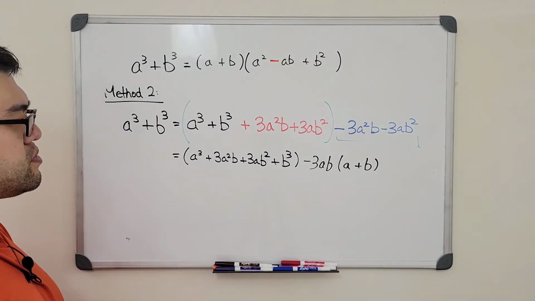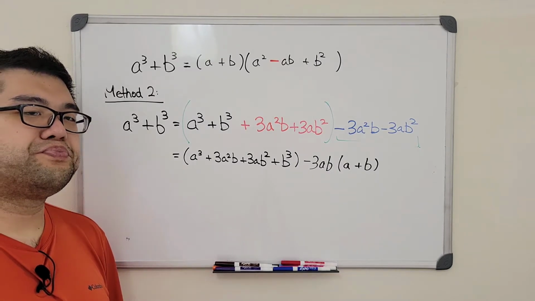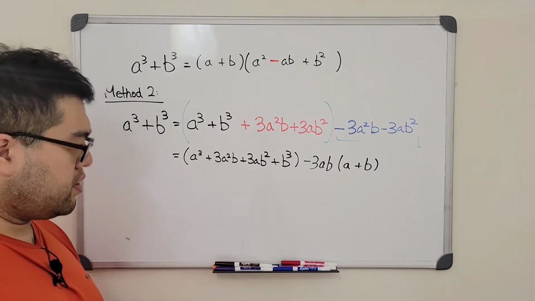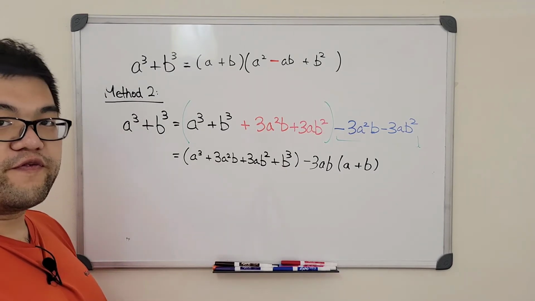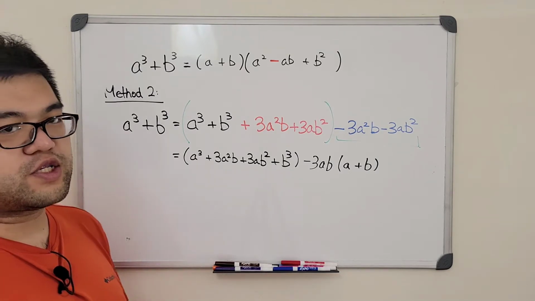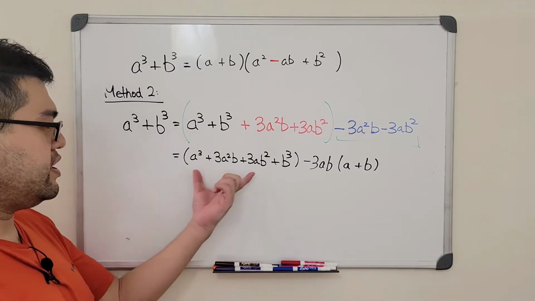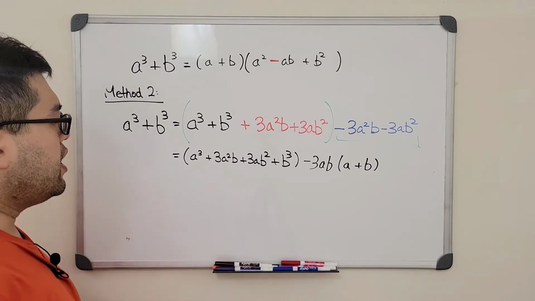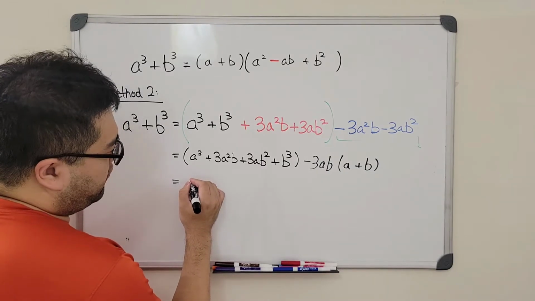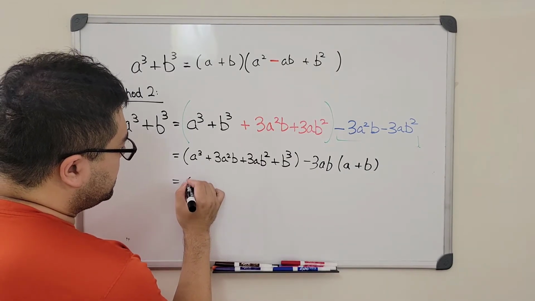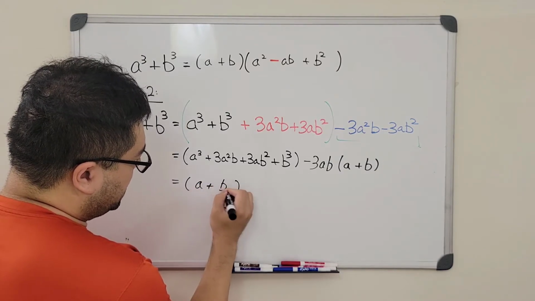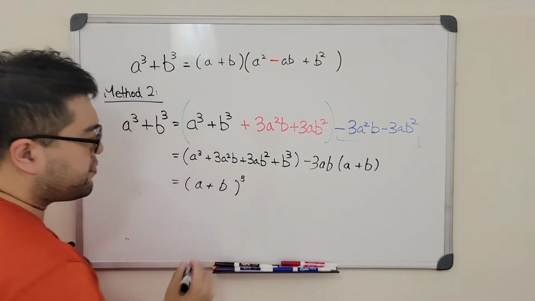Good. Now what should we do next? How should we put this together? Well, in fact, if we actually go back to our textbook, we should be able to find out that this is actually the expression of the cube of the sum, meaning this is actually same as A plus B quantity cubed.